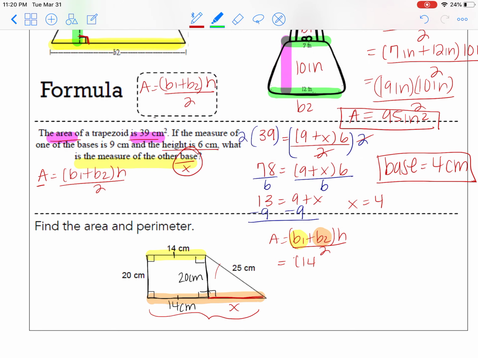So for my right triangle, since I'm looking for a leg, I know I'm using the Pythagorean theorem. And so anytime I'm looking for a leg, I need to get the subtraction of the hypotenuse squared minus the leg squared.